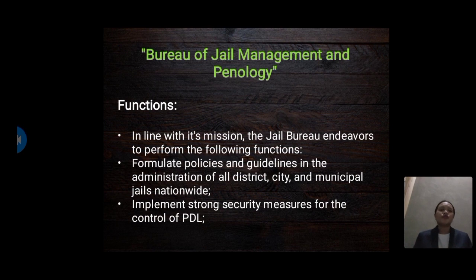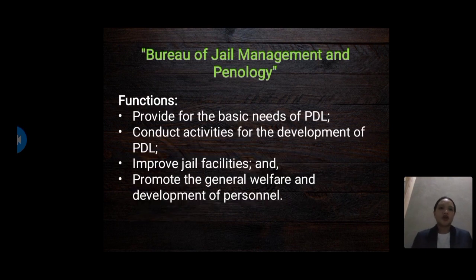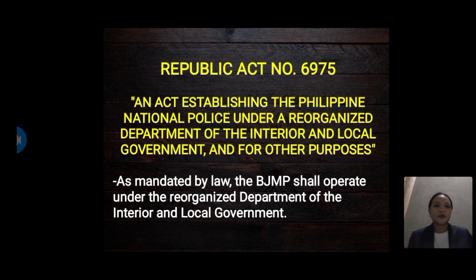Some of the functions of BJMP are to implement strong security measures for the control of PDL, provide the basic needs of PDL, conduct activities for development of PDL, improve jail facilities, which is very important, and promote the general welfare and development of personnel.